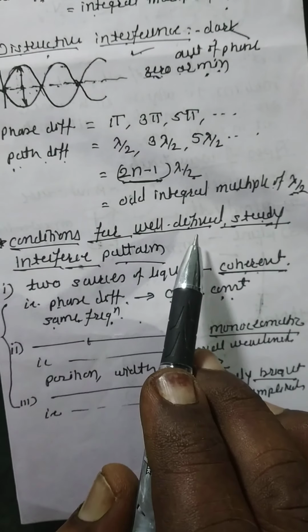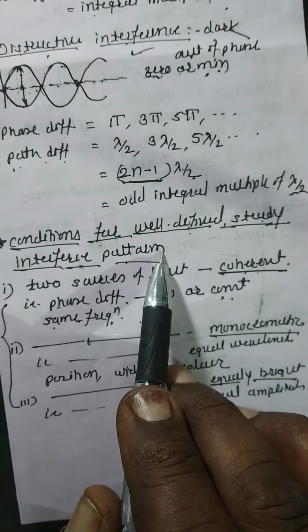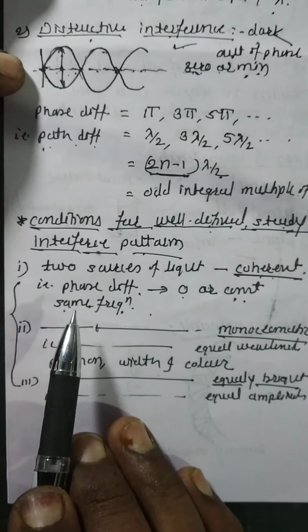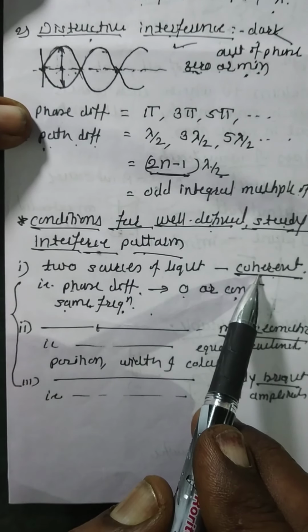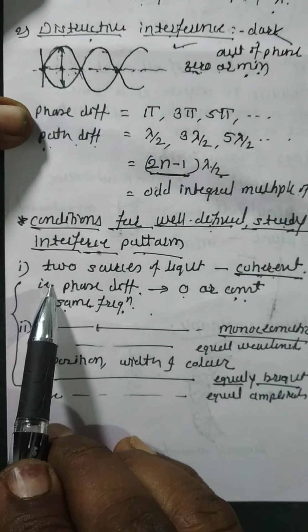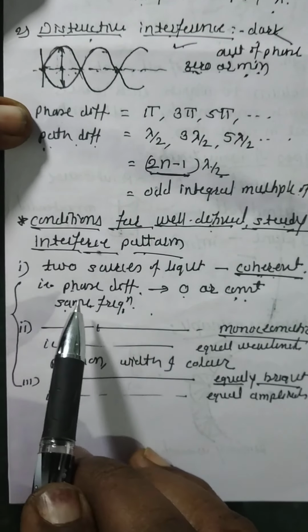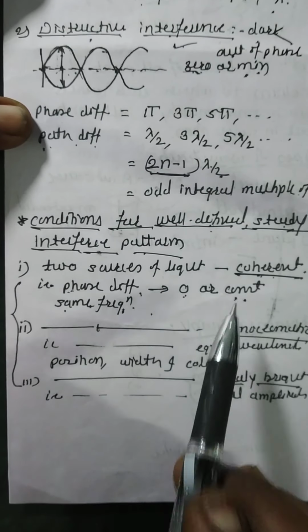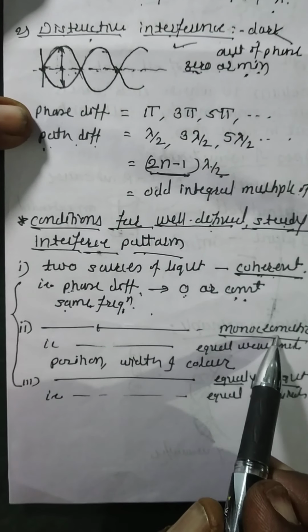Conditions for well defined, steady interference pattern. First, the two sources of light must be coherent. That is, these sources produce waves having the same frequency and a phase difference between them either 0 or constant. The two sources of light must be monochromatic.